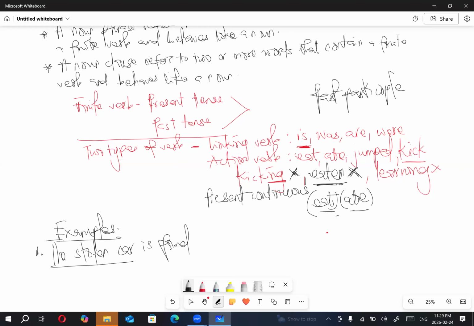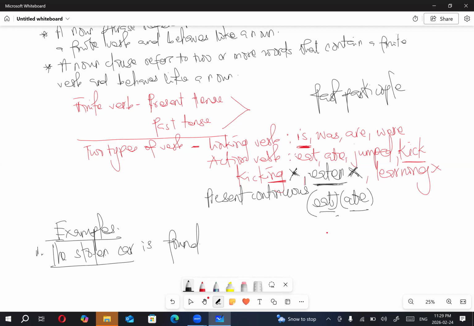Now, I want you to tell me what the grammatical name is for the stolen car. So this is where our conversation will be coming from. You tell me what the grammatical name is for the stolen car.